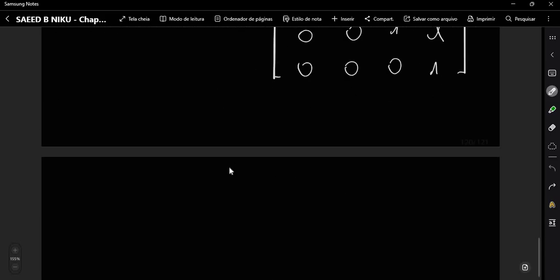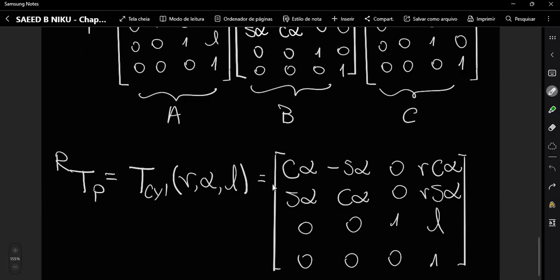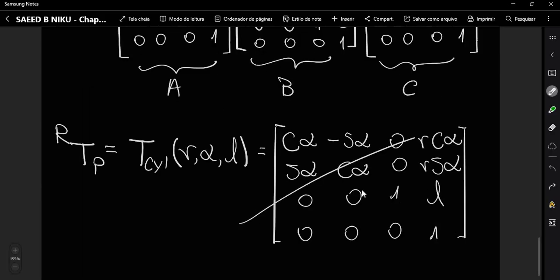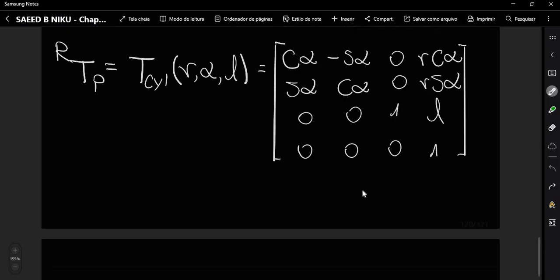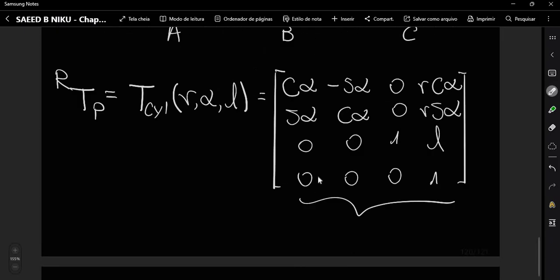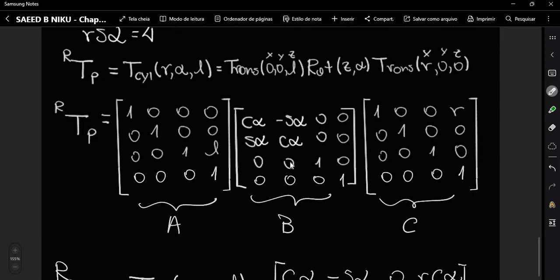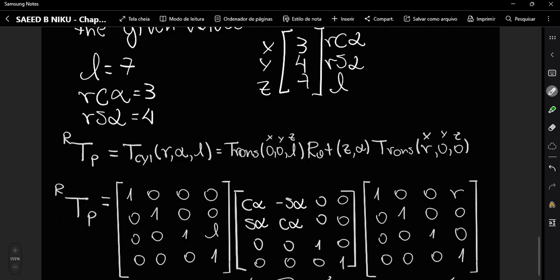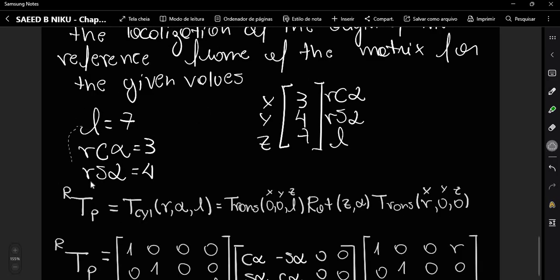Okay, for now we can ignore this, but this is the final position and orientation, which resumes on the localization of the robot. And if I'm not wrong, specifically the endpoint is what is important to us. So let's use this information.